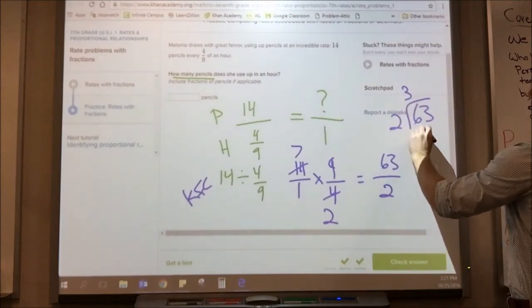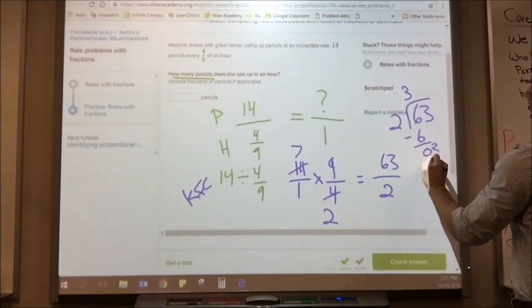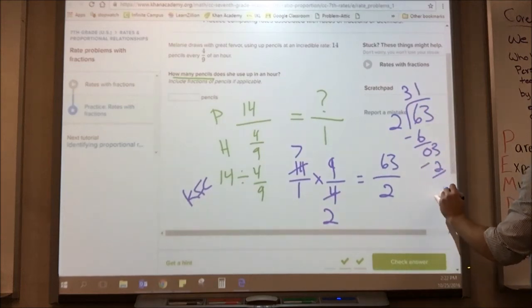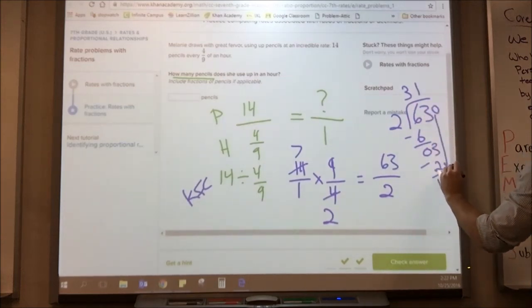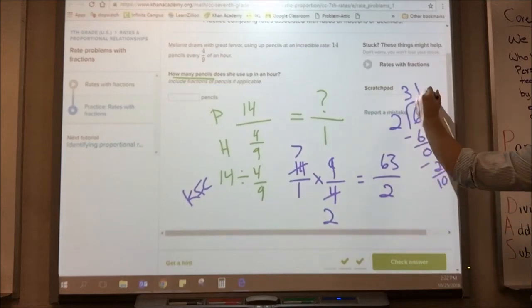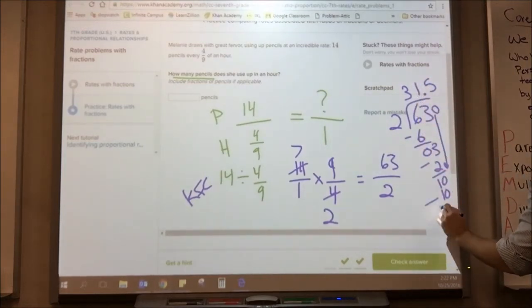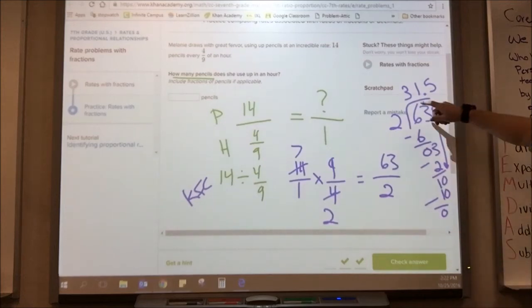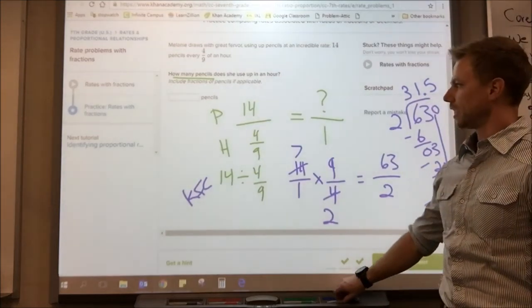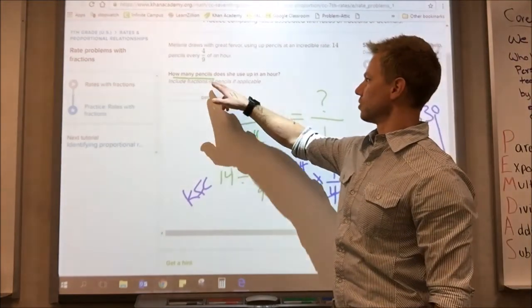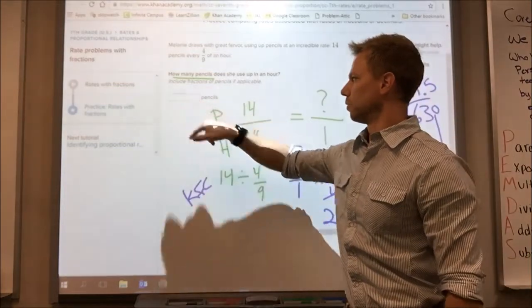2 goes into 6 3 times. Bring down the 3. 2 goes into 3 once. Subtract, we get 1. Bring down the 0. 2 goes into 10 5 times. Subtract, we get 0. So it'll be 31.5 pencils in an hour. Now it says include fractions of pencils if applicable.